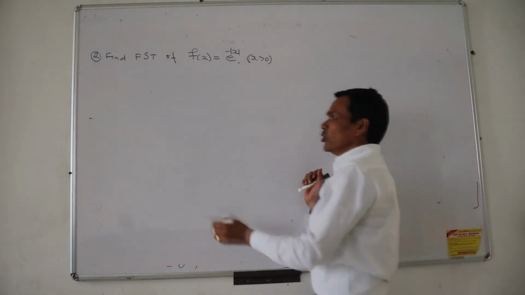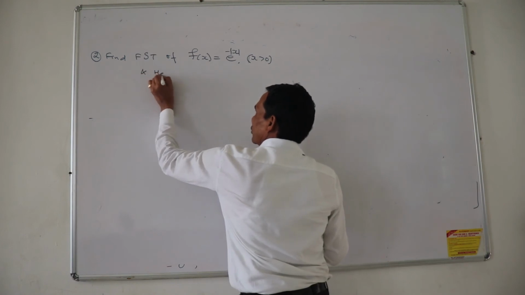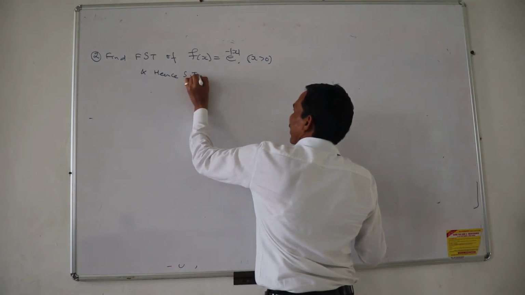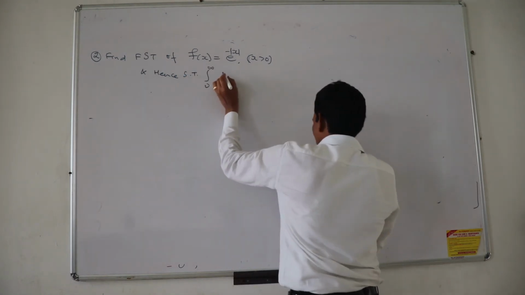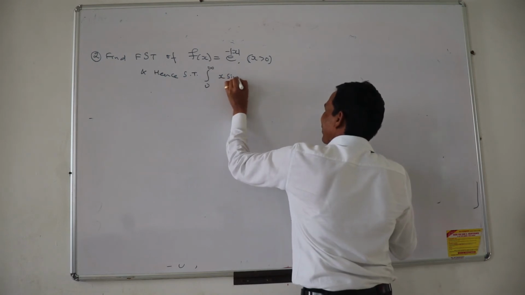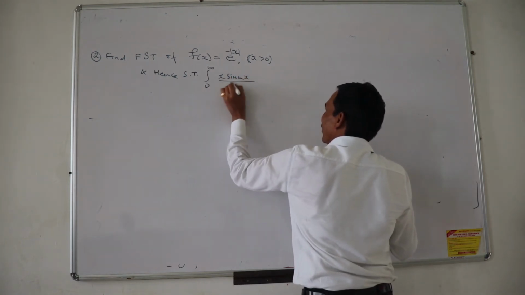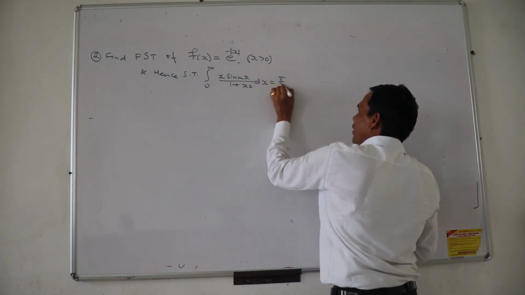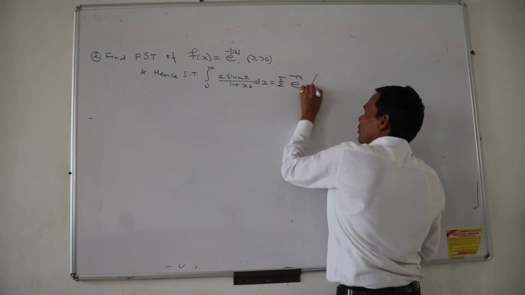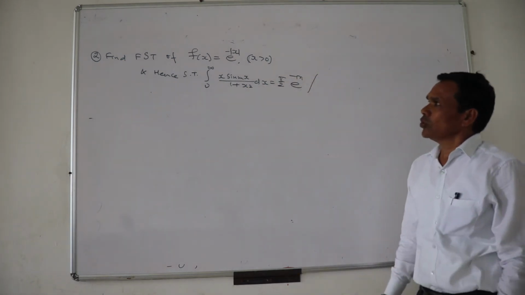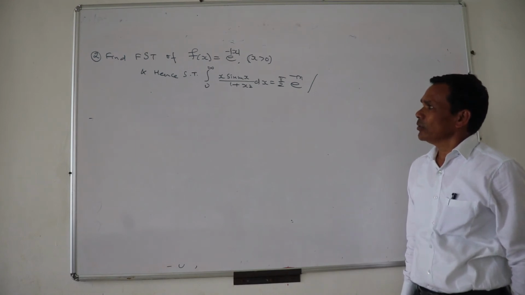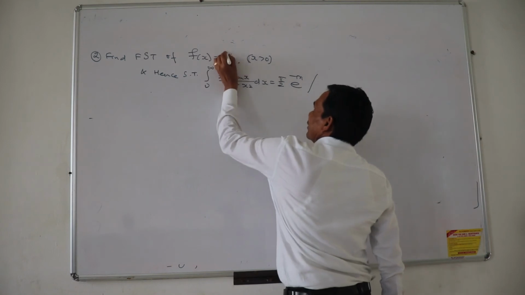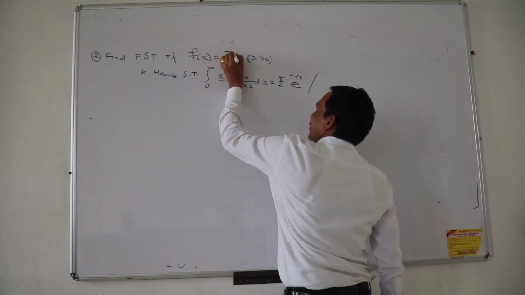And hence show that the integral from 0 to infinity of x sin mx divided by 1 plus x square dx is equal to pi by 2 e raised to minus m, where m is greater than 0. So you have to find the Fourier transform of this. Here it is taken as e raised to minus mx.